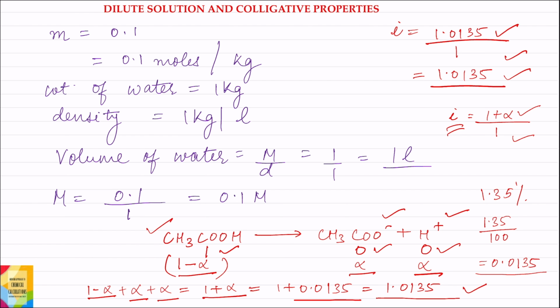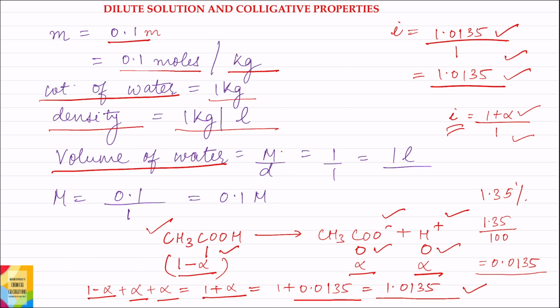Now molality of the solution in this question is given as 0.1 m, which means 0.1 moles per kg of solvent. Therefore weight of water, since the solvent here is water, is 1 kg. Density of water is 1 kg per liter. Therefore volume of water will be equal to mass by density, that is 1 divided by 1, and this is equal to 1 liter.